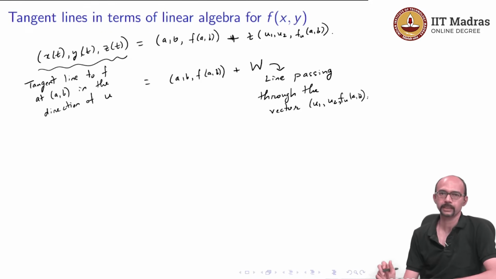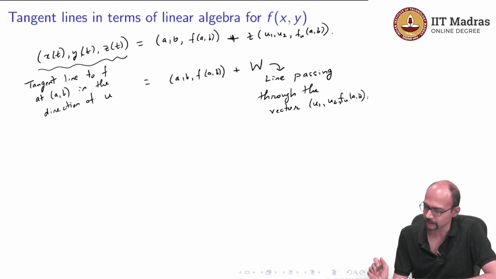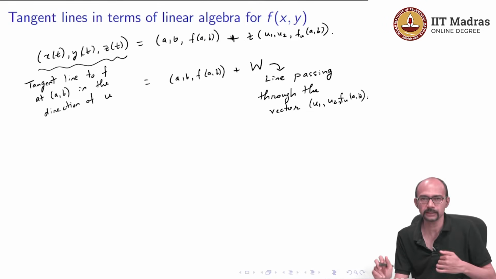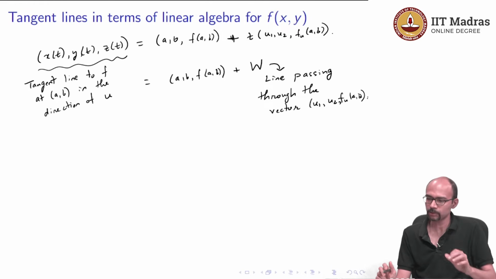Of course, we know that if you have a line passing through a vector, then any vector on that line is a scalar multiple of this vector, and as a result W will be given by t times (u1, u2, fu of a comma b).